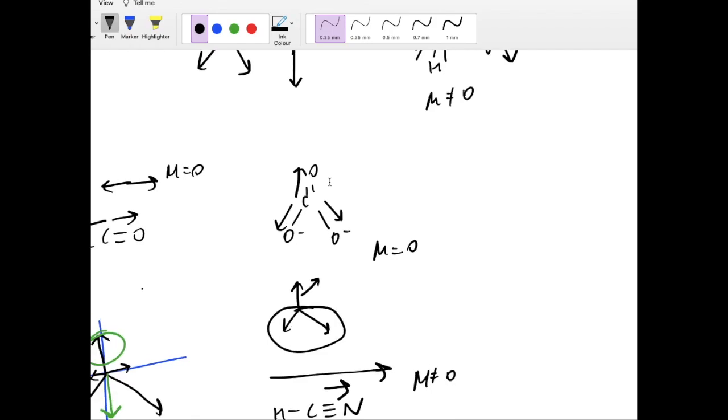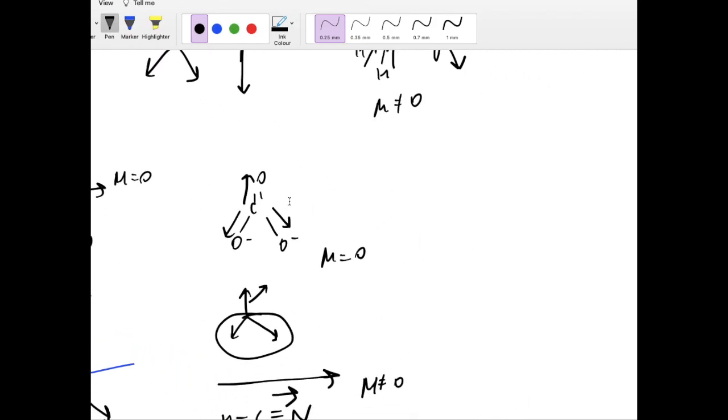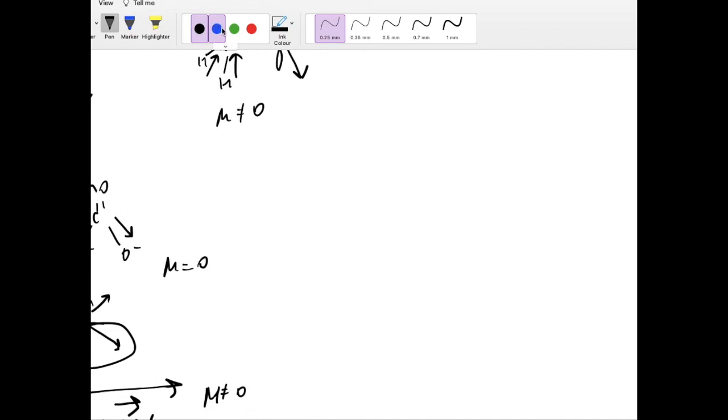I'll just take a few more minutes. When we discussed CO3 2 negative, this was the CO3 2 negative structure for dipole moment. What happens is when you have a structure like this, you see the two negative charges are in conjugation with the pi bond.